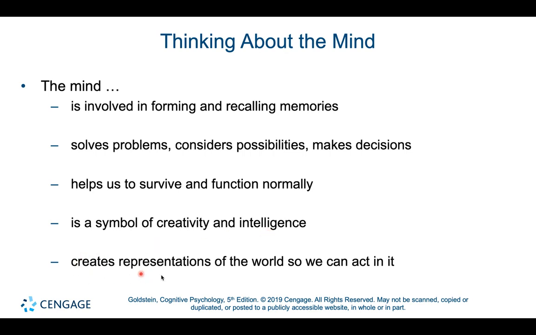And lastly, something really important the mind does is it creates representations of the world. And when we say a representation, the easiest analogy is language. So when you think about the word horse, there are a couple levels of representation there. If you were to literally write out the word horse, right, write the physical letters on a page, those physical letters are just squiggles and lines and hoops and swoops, right?